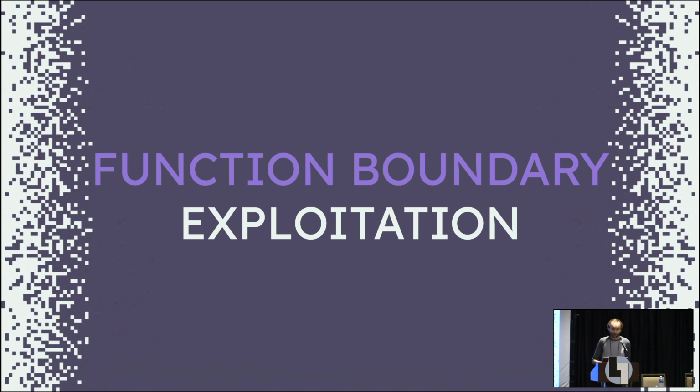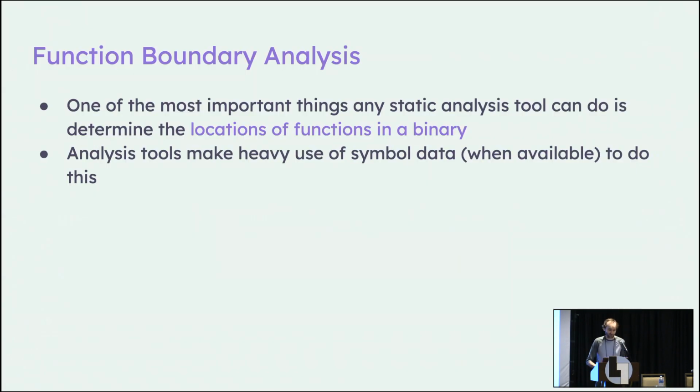So let's talk about our first little trick here, and this is super simple. I think anyone could think of this themselves, but one of the most important things that any static analysis tool can do is just determine where functions start and where they end. In theory, this could be done totally automatically. You could just have your static analysis tool start at the entry point and trace every possible execution path until you've found every procedure.